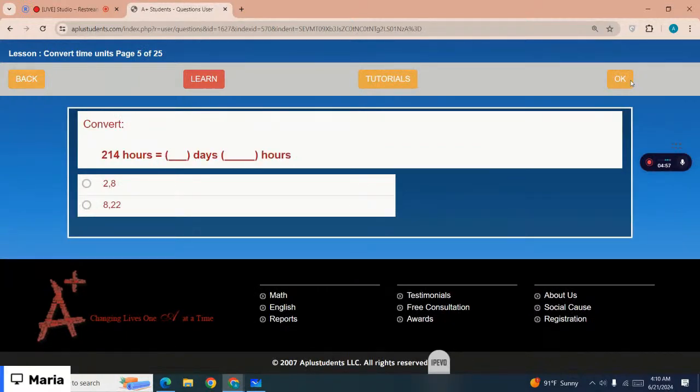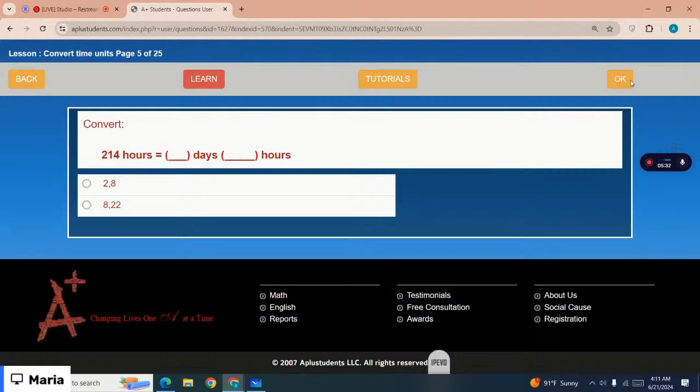You have to convert 214 hours to days. So which is the correct option? You have to divide it by the days, because in one day you have 24 hours.